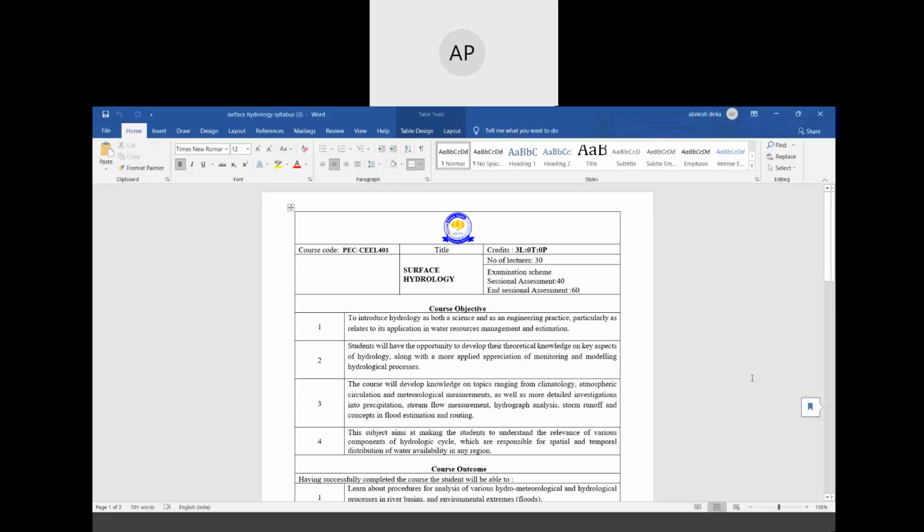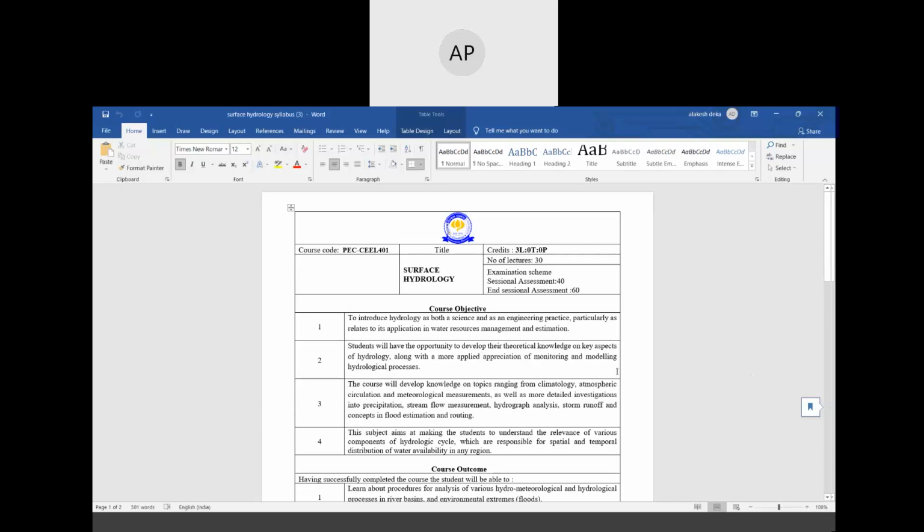Surface hydrology is an elective subject and the credit is three. There are no practical classes on this subject. In 7th sem you do not have any laboratory.